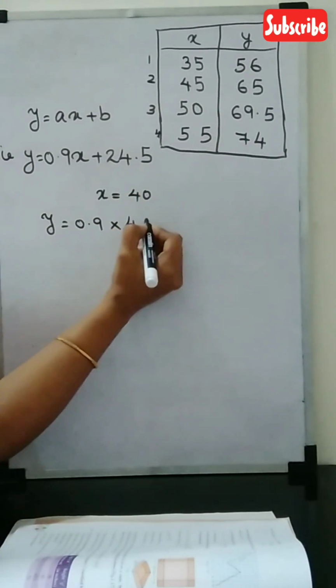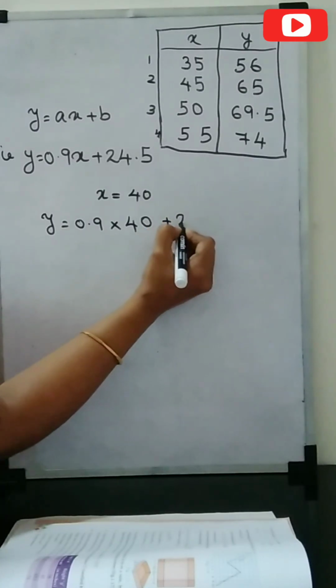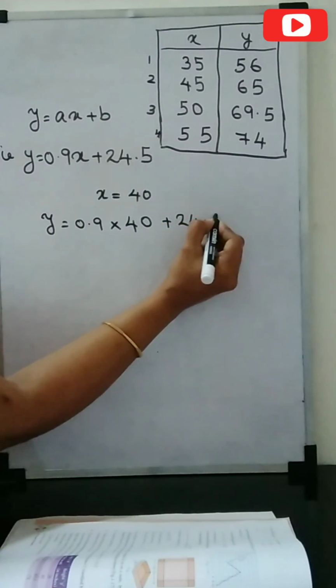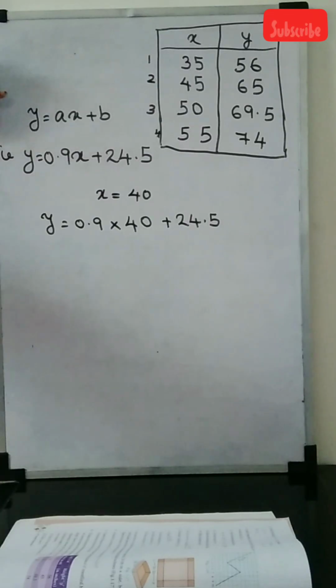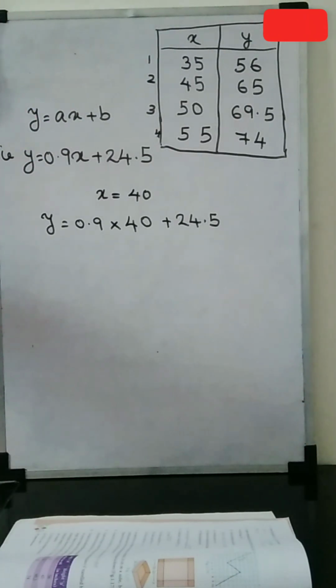So 0.9 multiplied by 40 plus 24.5, since y is equal to 0.9x plus 24.5.